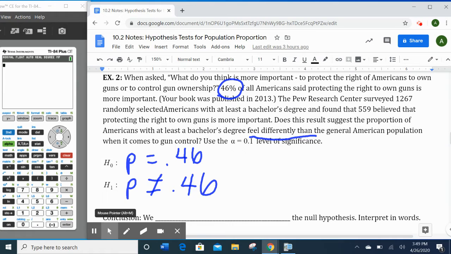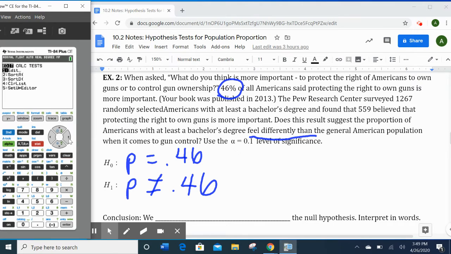So I'm going to use my null hypothesis and my alternative hypothesis. I'm going to use the problem to find X and N, and then they also give me a level of significance to compare it to. So stat, tests, one proportion z-test, P0 from my null hypothesis, in this case is 0.46. X comes from the problem, 559 out of 1267.